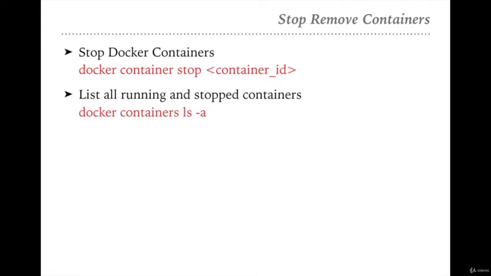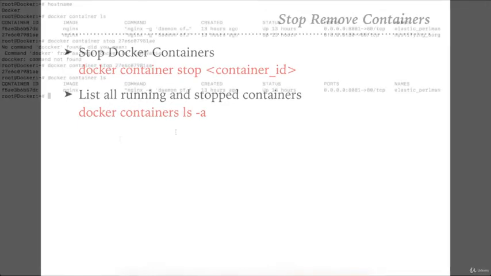Now suppose you have a requirement where you need to list down all the containers, although they are running or they are stopped. So how can you basically list out the IDs of all the containers which have executed on your Docker? For this we have a command docker container ls -a. So let's execute it.